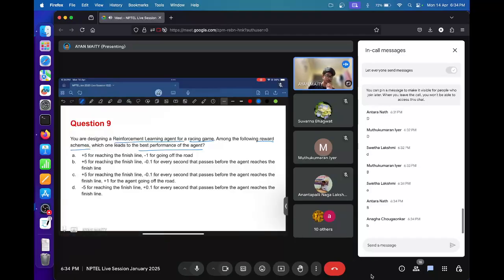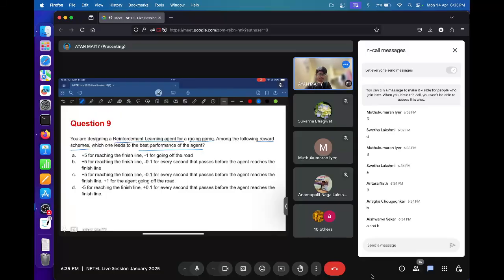Muthukumaran says option B. Sweta Lakshmi says option A. Antarana says option B. Anaga Jogan says option B. Aishwarya Sekhar says A and B. Anyone else?